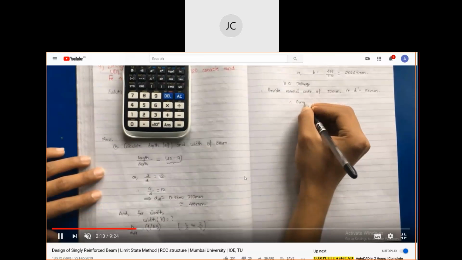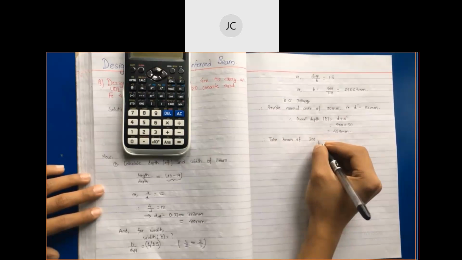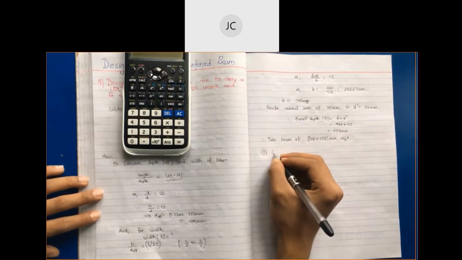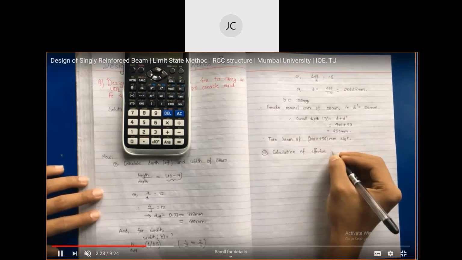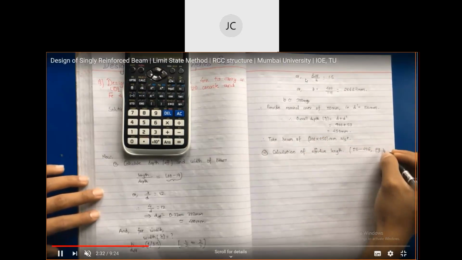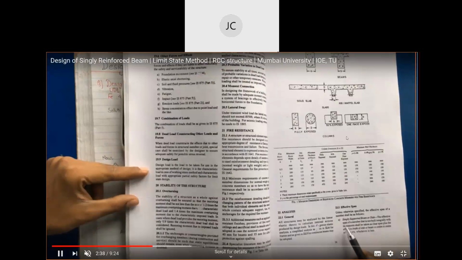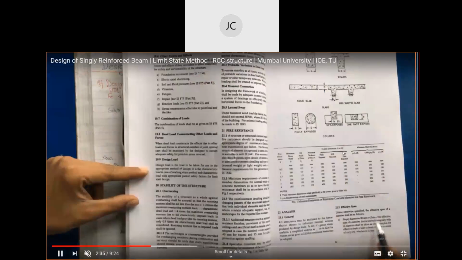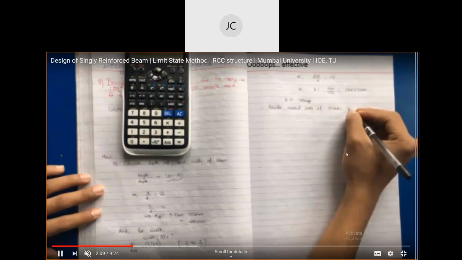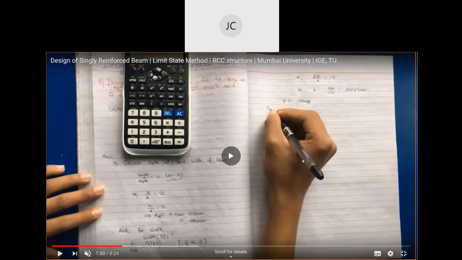Then the width will be approximately 1.5 to 2 times smaller than the depth.